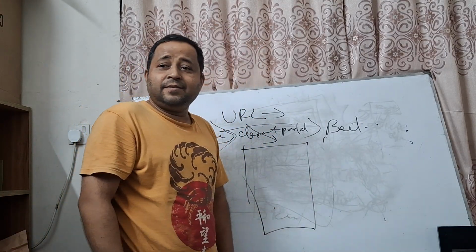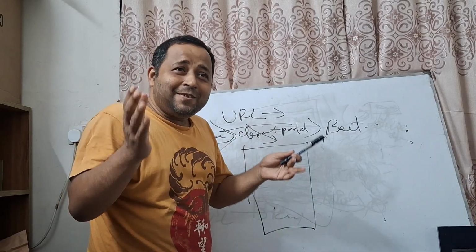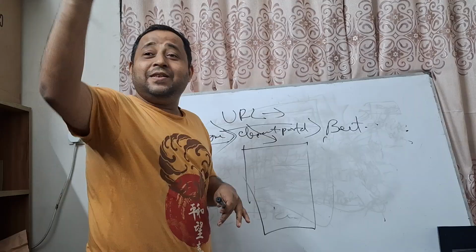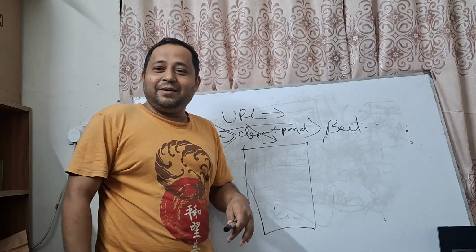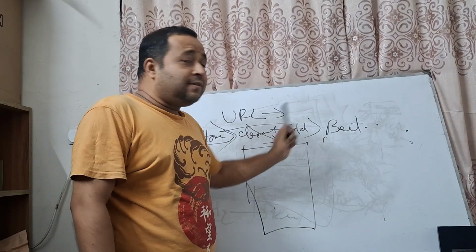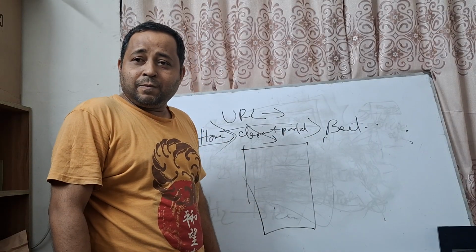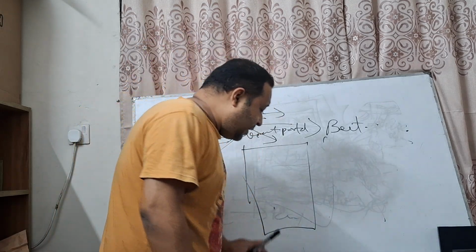That's it. And forget all the SEO plugins that show the green marks, 80%, 90%. We don't need them. Okay? So this is the URL.